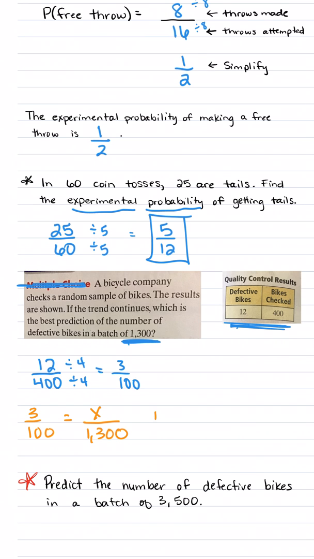So we can cross multiply, get rid of the 100. So x is going to equal 39. There are going to be 39 defective bikes based on this experimental probability.